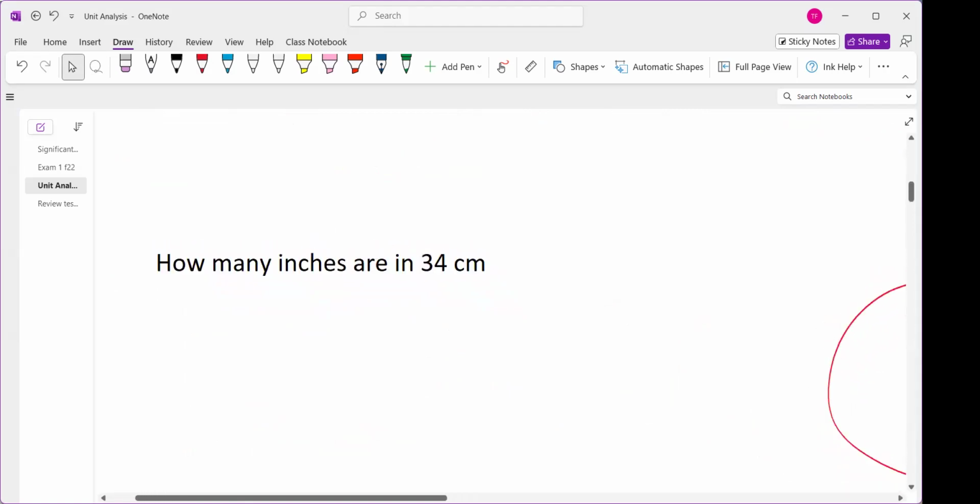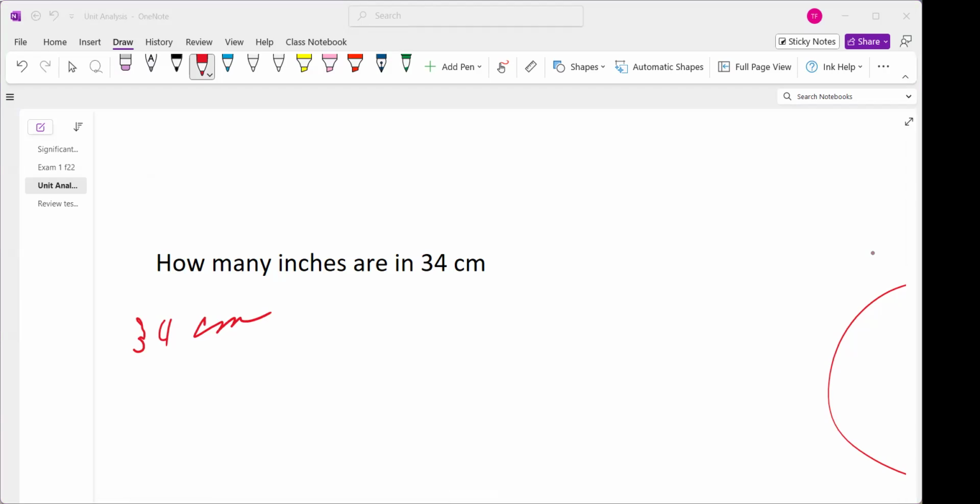How many inches are in 34 centimeters? What's given? There's no reaction. We skip step one. What's given? 34 centimeters. That goes on the left. What are we trying to calculate? Inches. That always goes on the right. And the last step is setup.